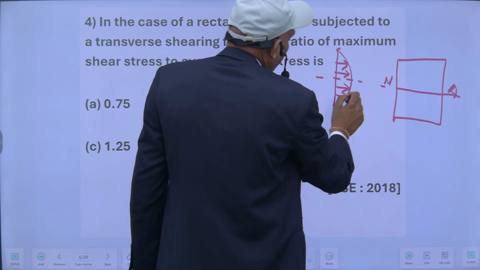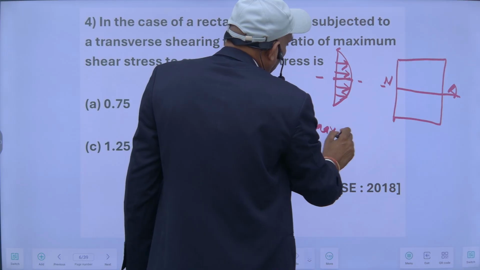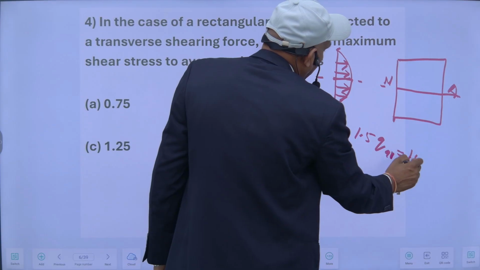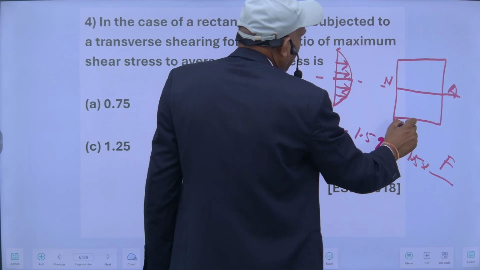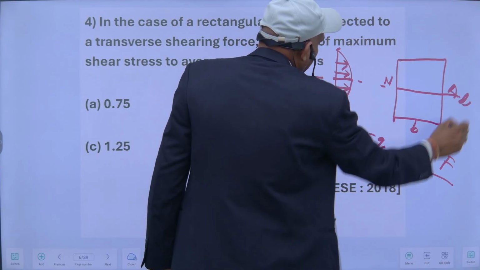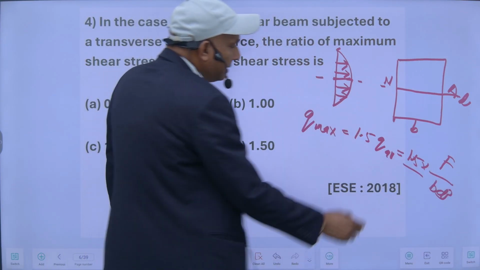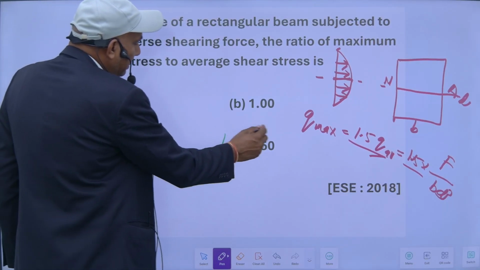And this maximum Q max is equal to 1.5 times Q average. Q average is shear force divided by the cross section area. Suppose this is B, this is BD. So this is 1.5 times the average. So this one is the right option.